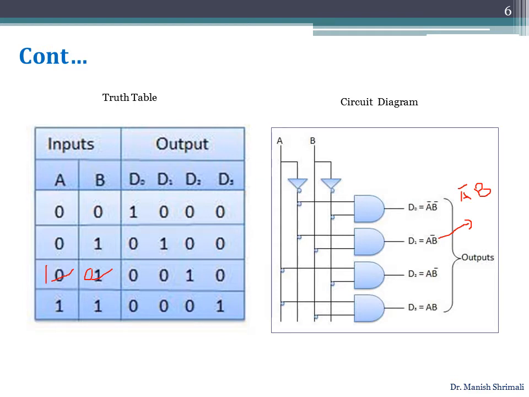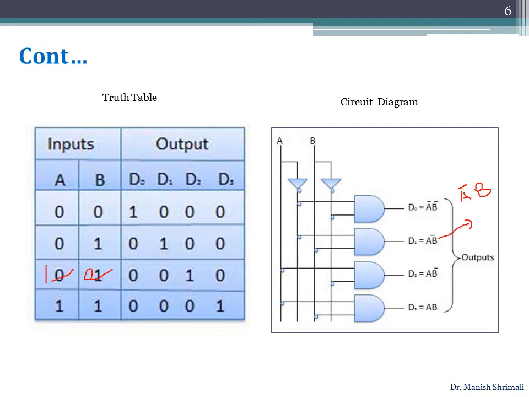In the third input, here it is actually 1 0, not 0 1, so I am correcting this. So when it is 1 0, D2 is high, and when both the inputs are 1 1, we have D3 as high.